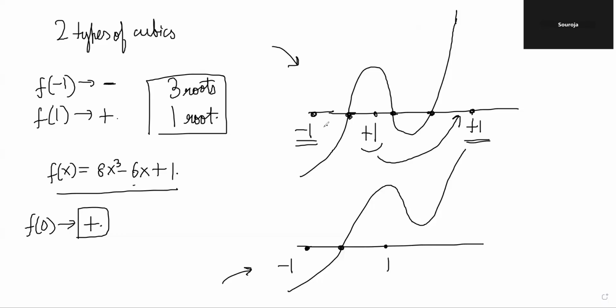Correct, no? And one easy way to figure out how the function is increasing or decreasing is by calculus, where you can differentiate this function. But I don't think you know calculus right now, right?